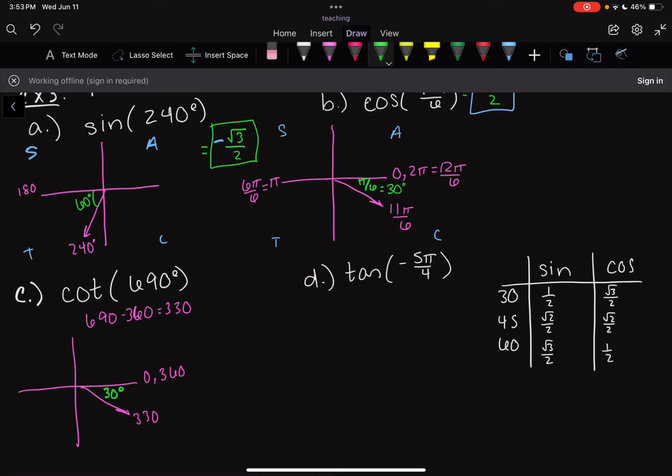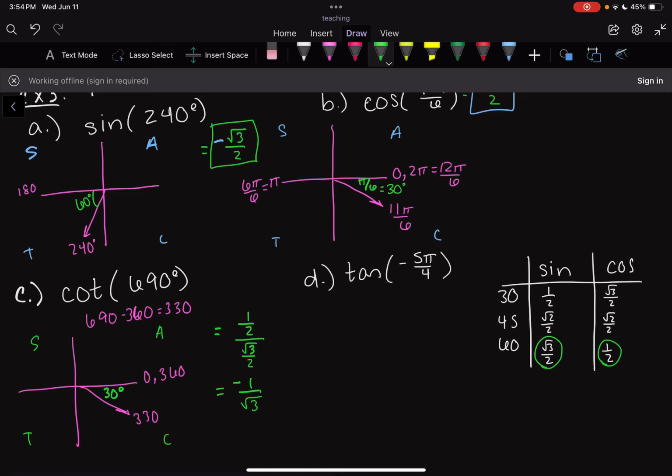Now remember that cotangent is cosine over sine. So this is going to be 1 over 2 over root 3 over 2. So if I write that out, this simplifies to 1 over root 3. In quadrant 4, only cosine and its reciprocal are positive, so that means that this is going to have to be negative.